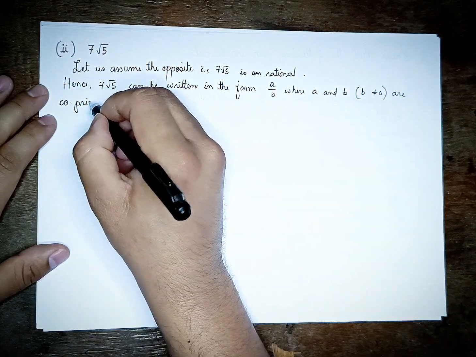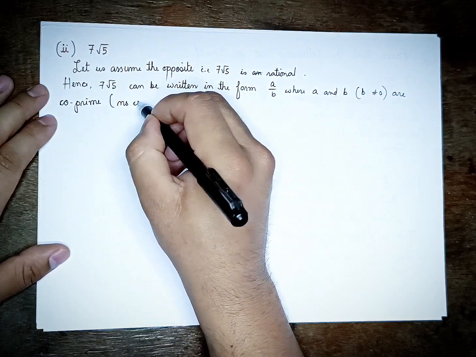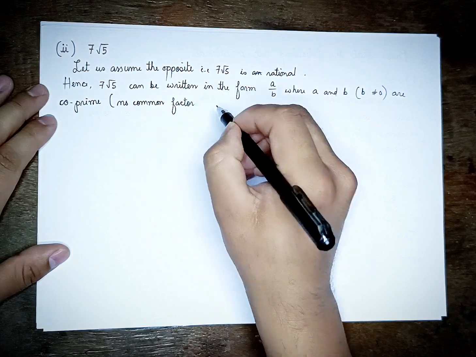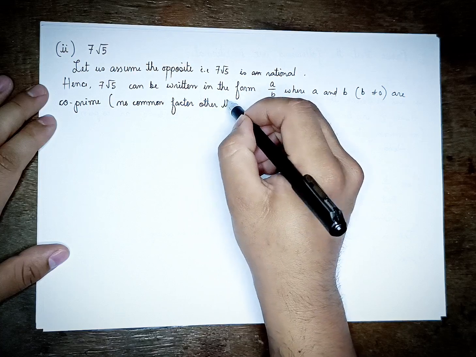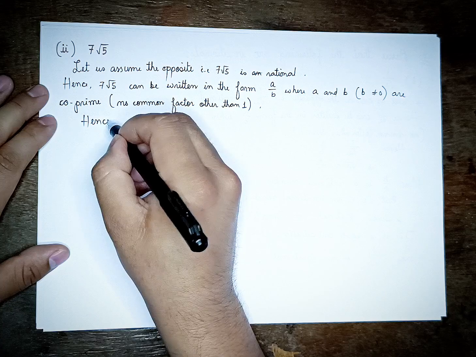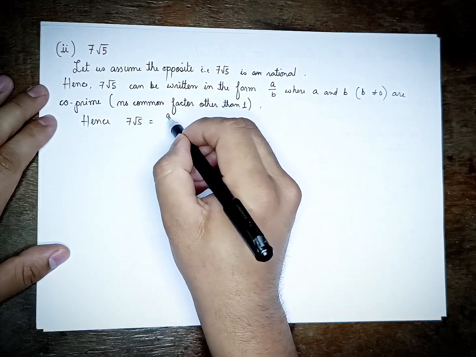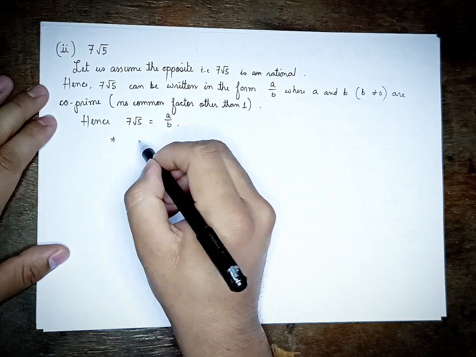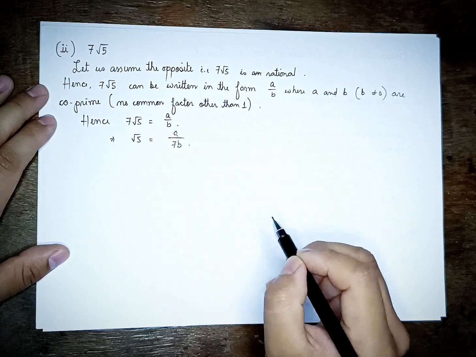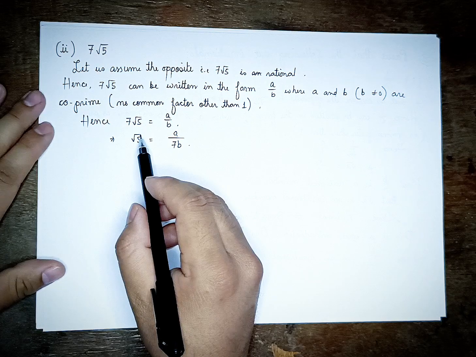Coprime means no common factor other than 1. Hence, 7 root over 5 will be equal to a by b. Transposing, we get root 5 equal to a divided by 7b. Here, a divided by 7b is a rational, but root 5 is an irrational number.